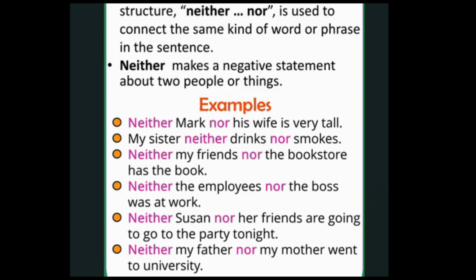His father didn't go, and his mother also didn't go. Maybe they are at home or somewhere, I don't know, but when we put neither, this statement becomes negative. So his father didn't go, and his mother also didn't go to university.